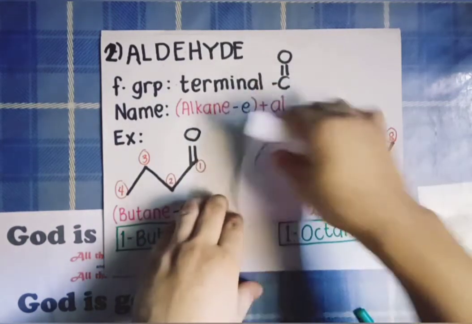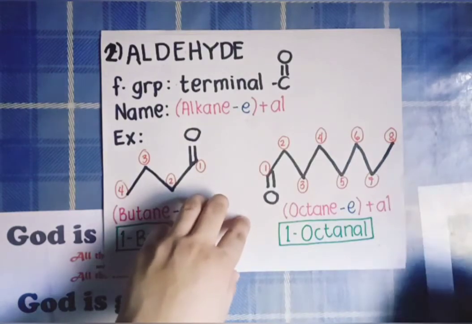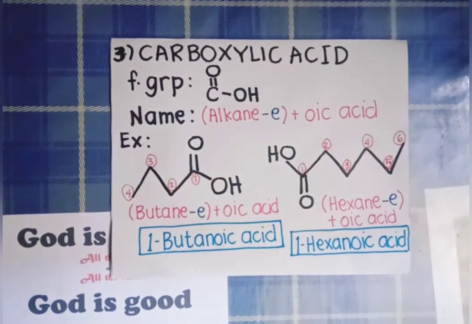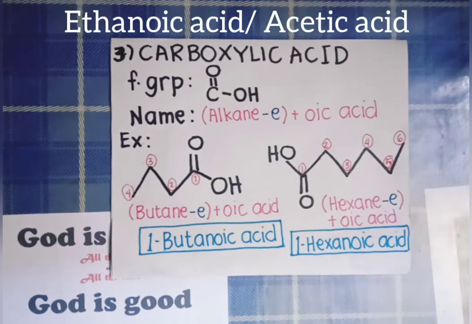No, but this time we are now going to call it a carboxylic acid. Carboxylic acid is an important ingredient in many food and cosmetic products. In fact, one type of carboxylic acid named ethanoic acid or acetic acid can be found in vinegar.